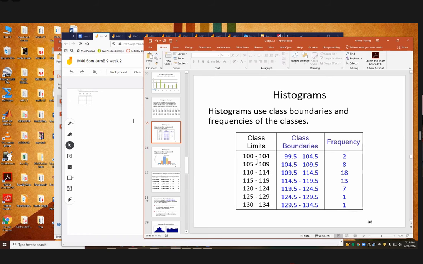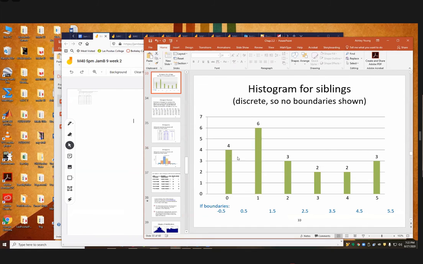So you'd have to have a gap between those two. You could do that, but then you have a gap. You could do 100 to 104, 105 to 109, 110 to 114, and have a gap between them. That's okay too. Okay. Thank you. You're welcome.